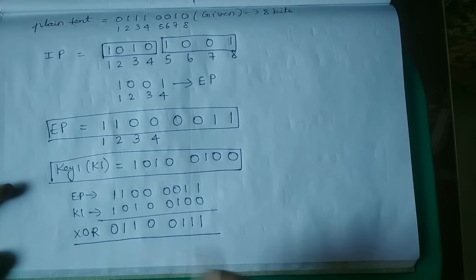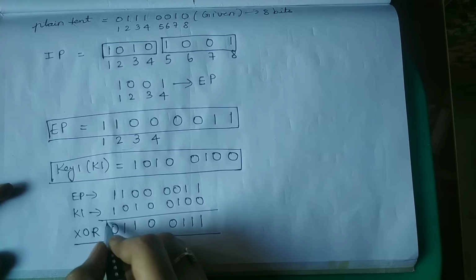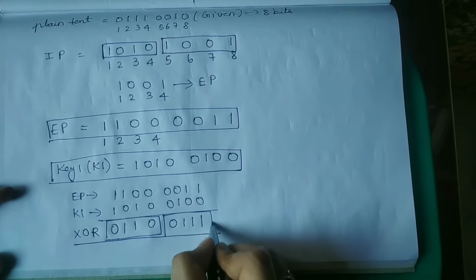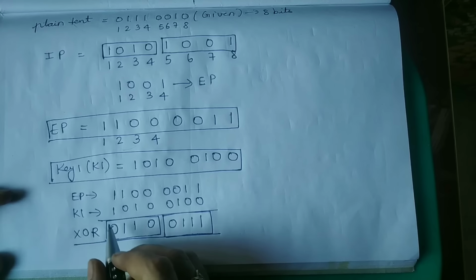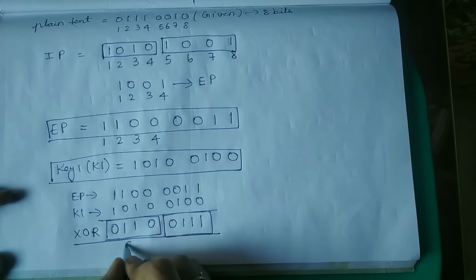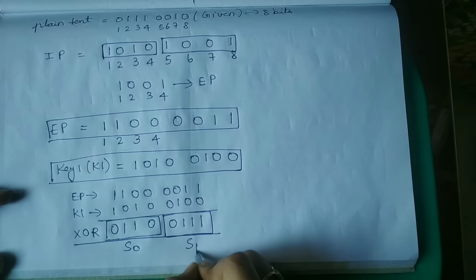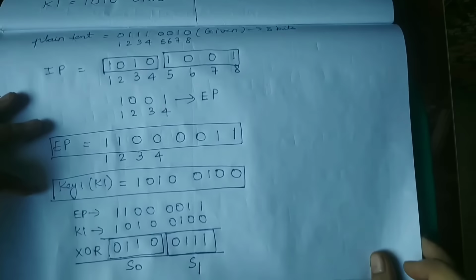Now I'm going to divide this XOR bits into 2 parts: the first 4 bits as one part and the last 4 bits as another part. I'm going to name the first 4 bits as S0 and the last 4 bits as S1. Now take the S0 and S1 value and write it over here.